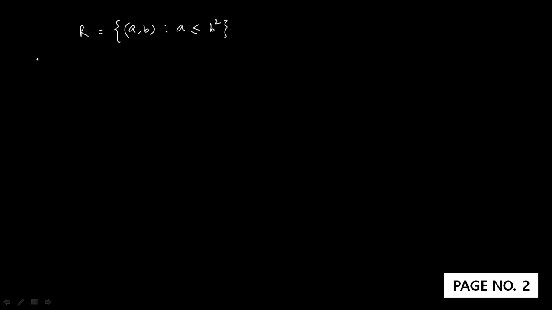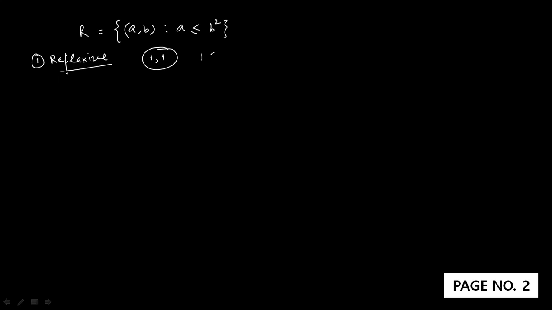Now what about the first characteristic? The first characteristic is reflexive. If I am talking about (1, 1), suppose these are the numbers, because in case of reflexive we have to take both the numbers as same.